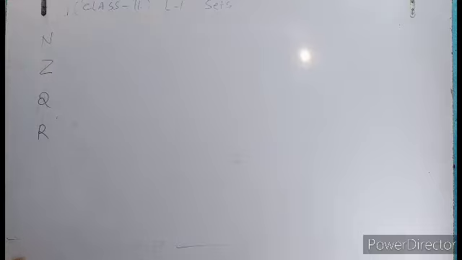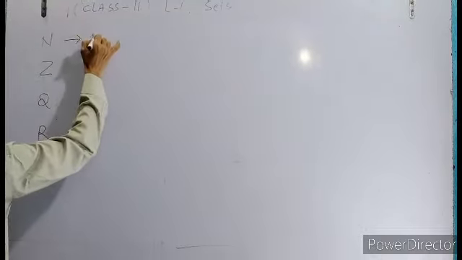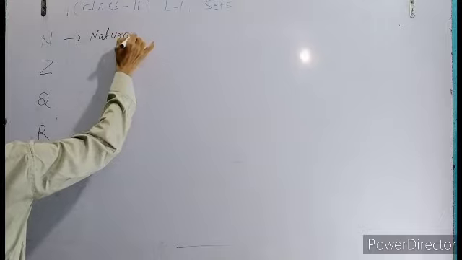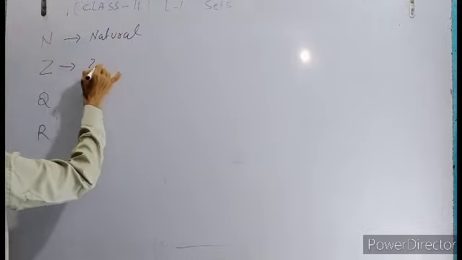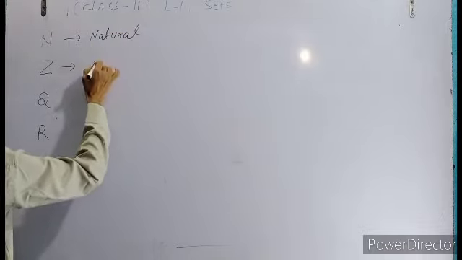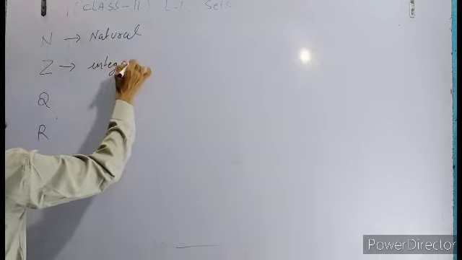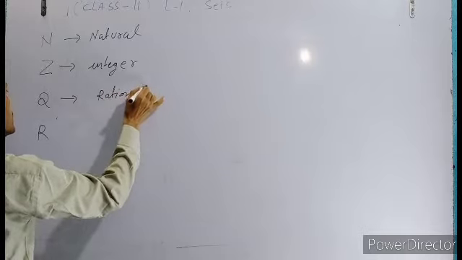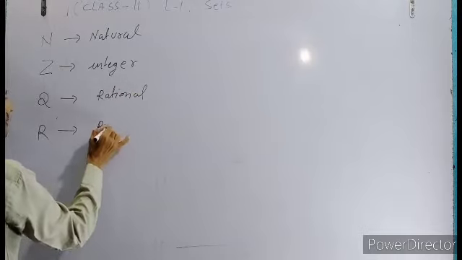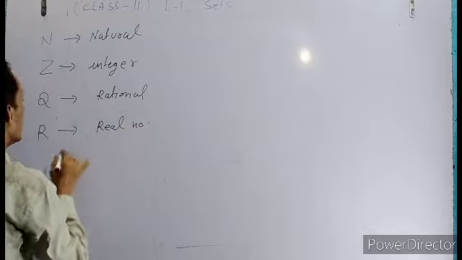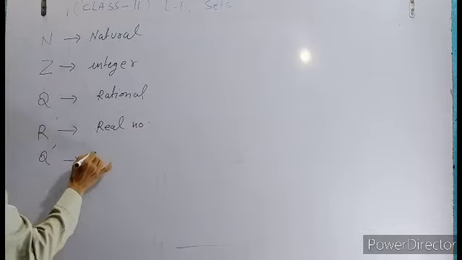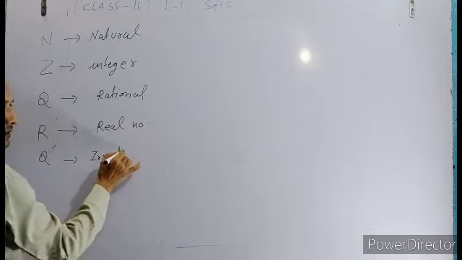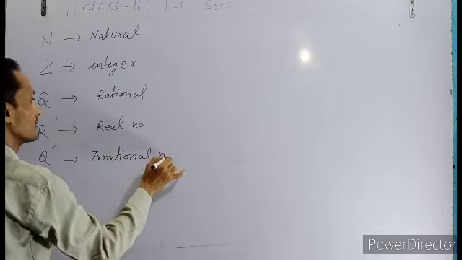Okay, now we will discuss the types of numbers. How can we represent the numbers? N is called the natural numbers, I explained shortly. Z is the integers, Q represents the rationals, R is the real numbers, and Q dash is the irrational numbers.